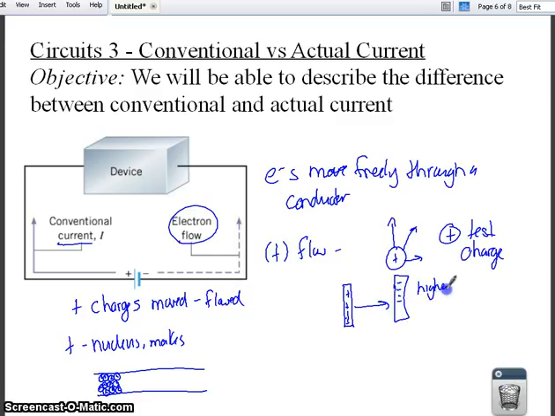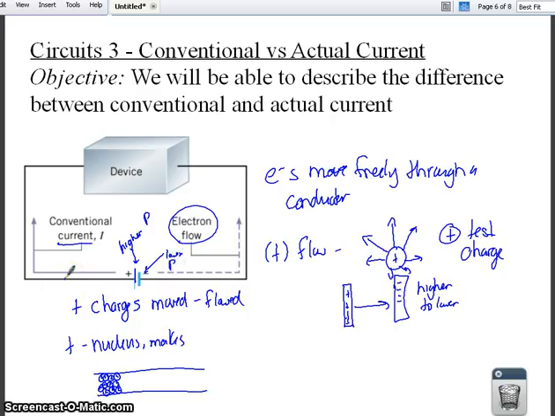From electrostatics, we always say there's a positive test charge. That's why the arrows point out from a positive charge, which pushes a positive test charge away. A positive test charge will move from a higher potential to a lower potential, so we thought that positives went from the positive end of the terminal, the higher potential, around to the lower potential.